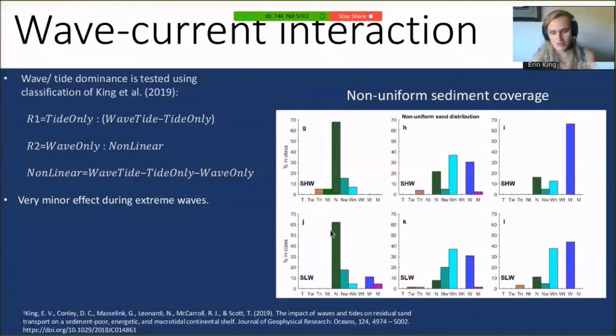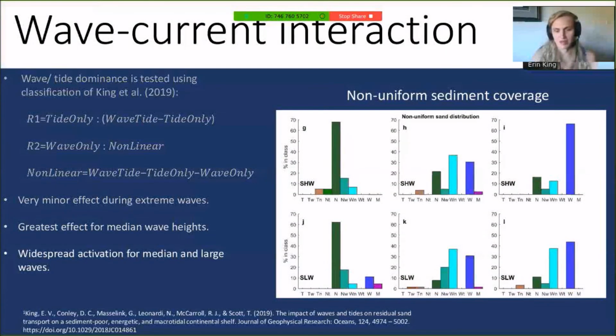Wave-current interactions had a very minor effect during the extreme waves, but they had the greatest effect for median wave heights. There was also a widespread activation of bypassing in some cases, which isn't shown on these graphs, particularly for median waves and in some cases for large waves.